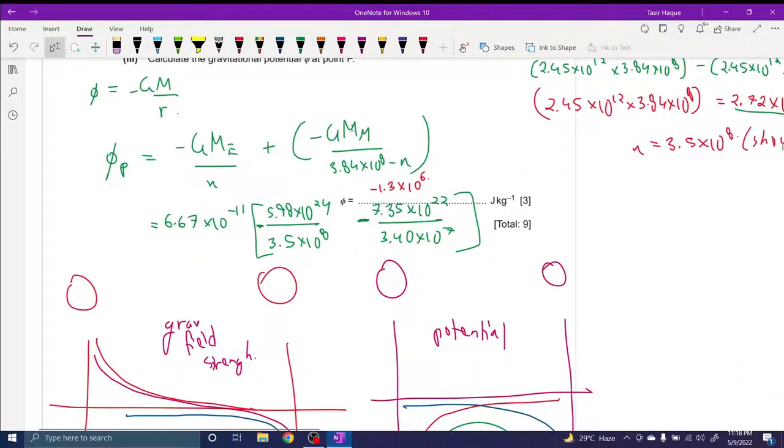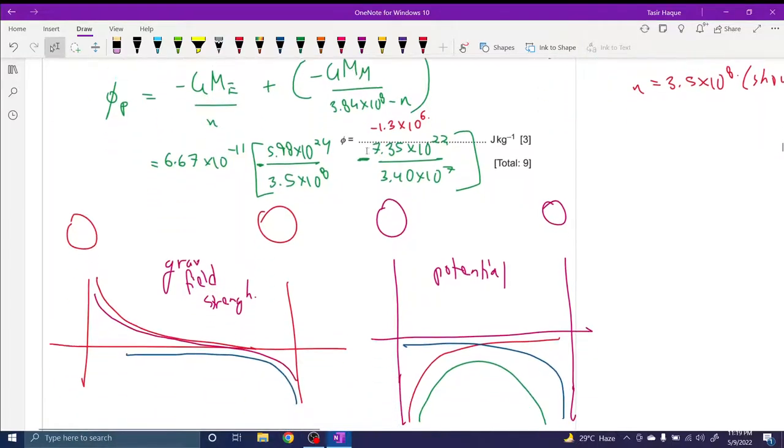That gives us a value of 3.4 into 10 power 7.